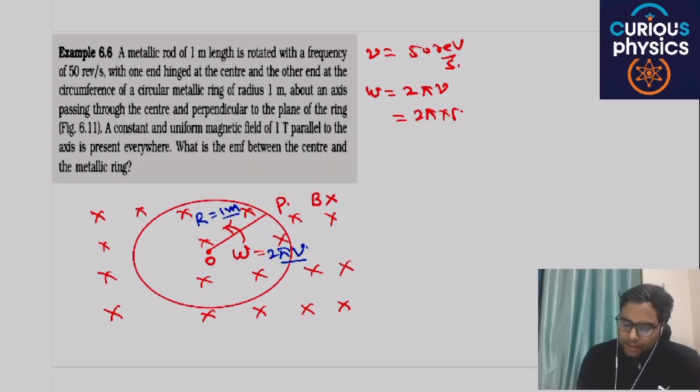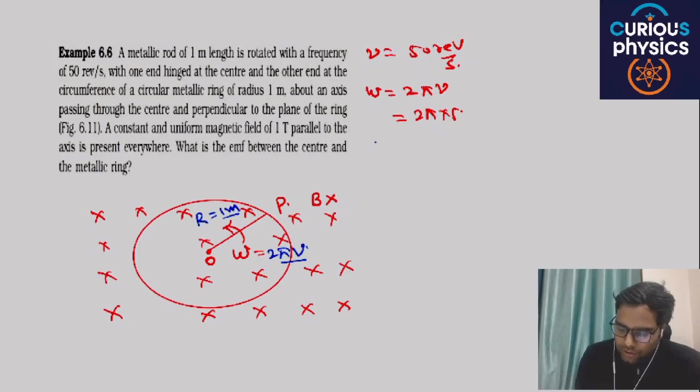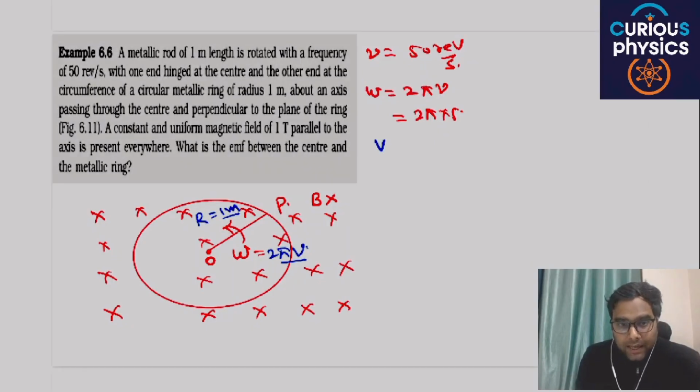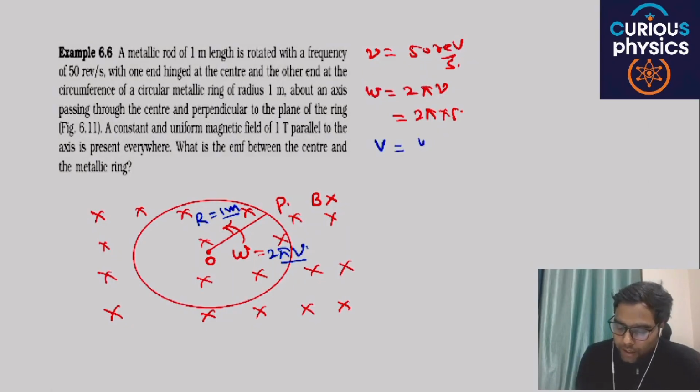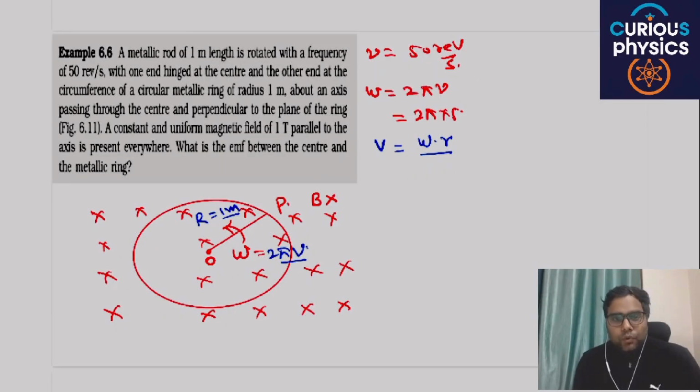The speed at a particular point is given by omega into r, and as we move from O to P, you can see that the velocity at every point is changing.